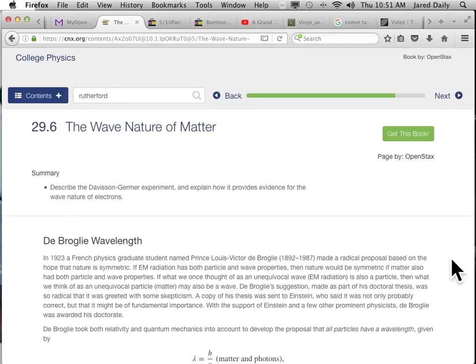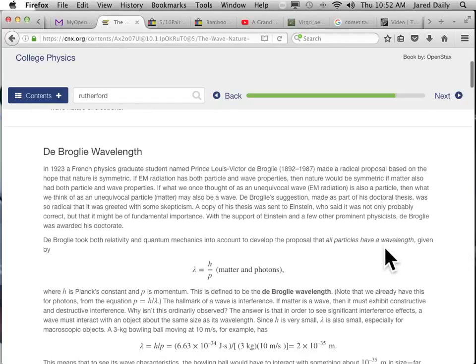The scientist, who was actually a graduate student, Louis Victor de Broglie, did some thinking about this and came up with a proposal for what it is that makes matter a wave. He said you can calculate the wavelength of two things using this new equation for the momentum.